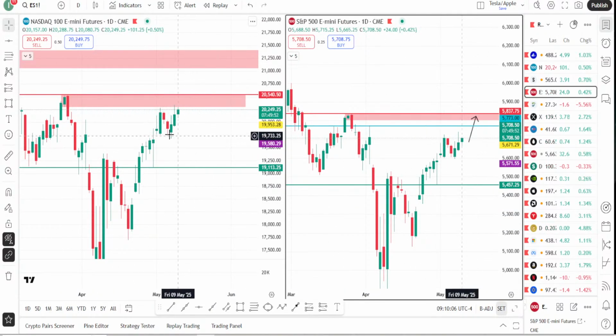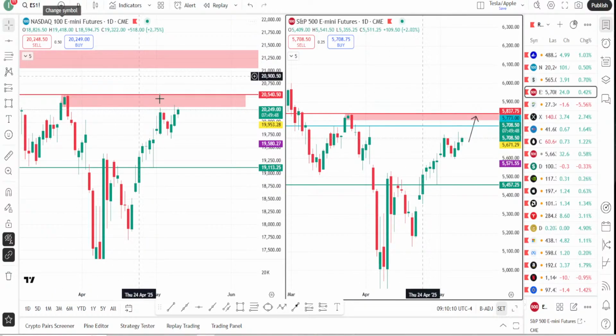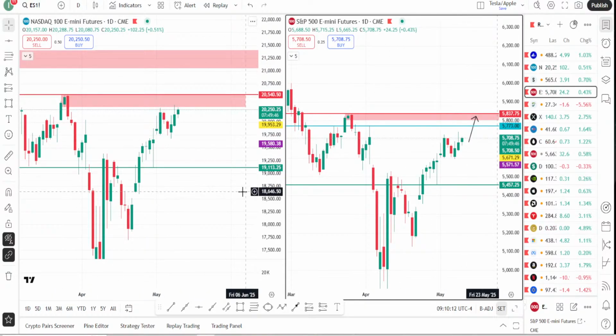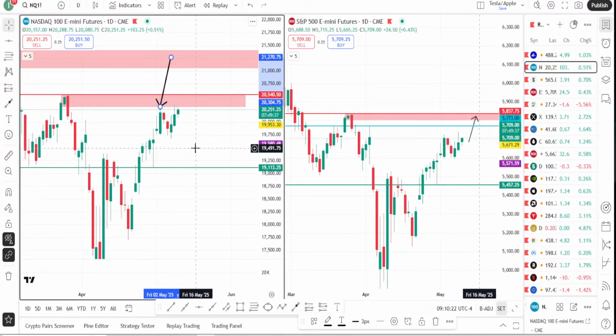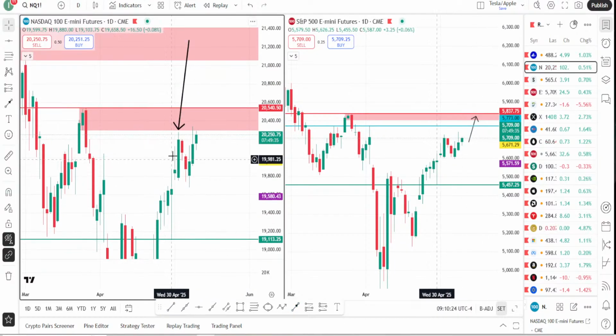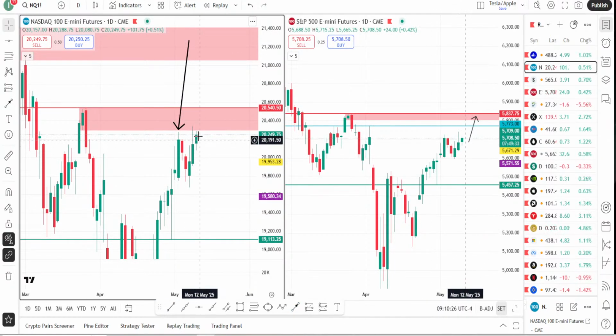And then I'm gonna go down to the hourly next. I'm seeing here that on the NQ we've been chopping around up here, and we haven't closed above this candle here. We'll probably break out and find support up here.